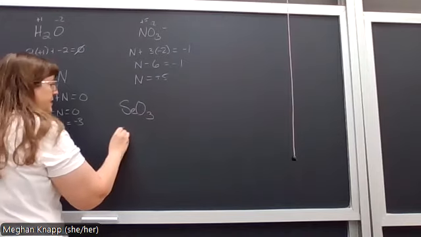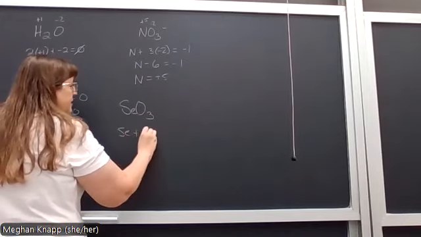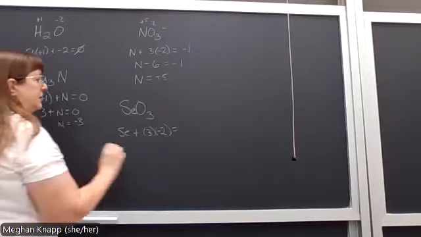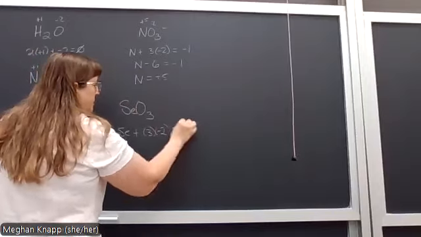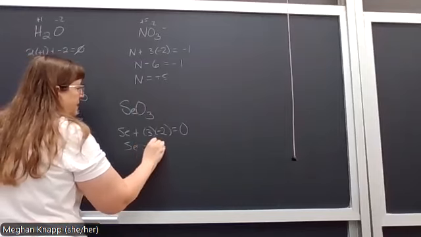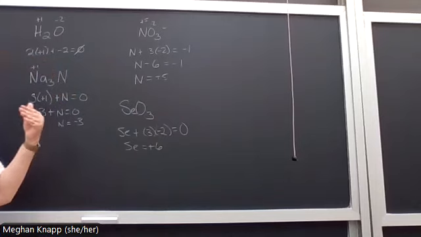We would have selenium plus 3 times -2 is equal to 0, because that's a neutral compound. So selenium is equal to +6. So that column can go between +6 and -2.